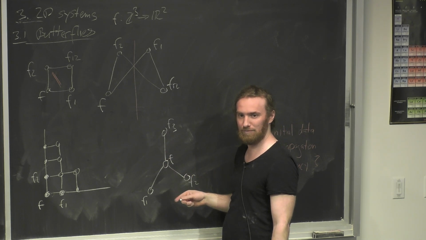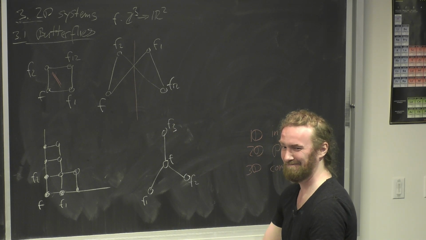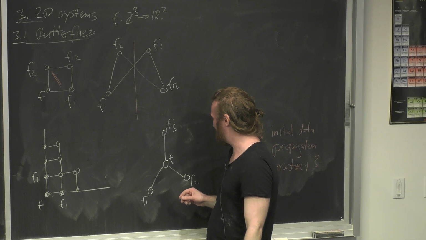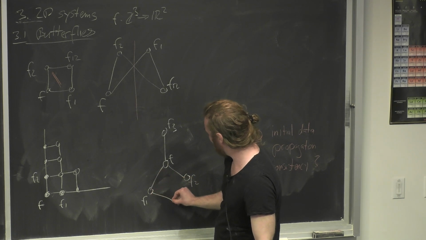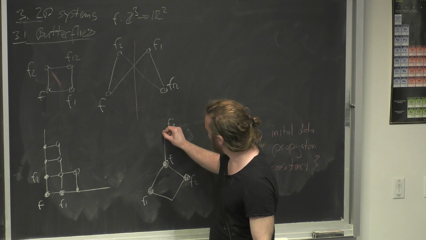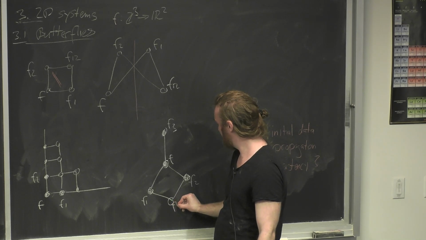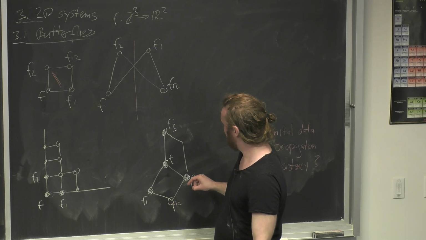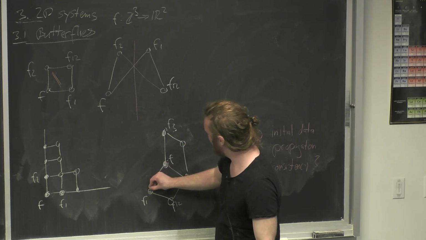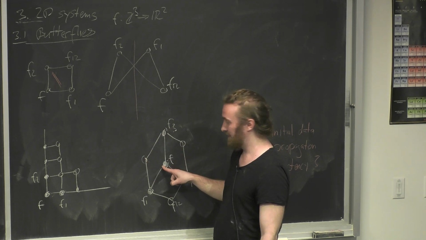So if I know these 3 points as initial data in a cube, then this point is determined because it's a quad. Here again, this point is determined because here is a quad. This point is also determined because here I have a quad.